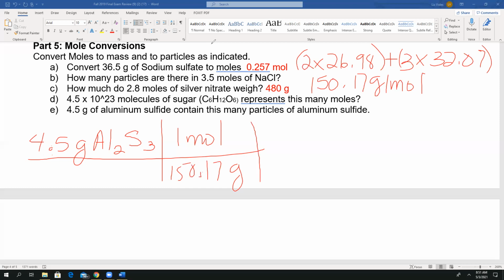All right, now, is this all we want? No, that's not what they asked us for. They asked us how many particles. So now we need Avogadro's number, 6.02 times 10 to the 23rd particles or atoms of aluminum sulfide.